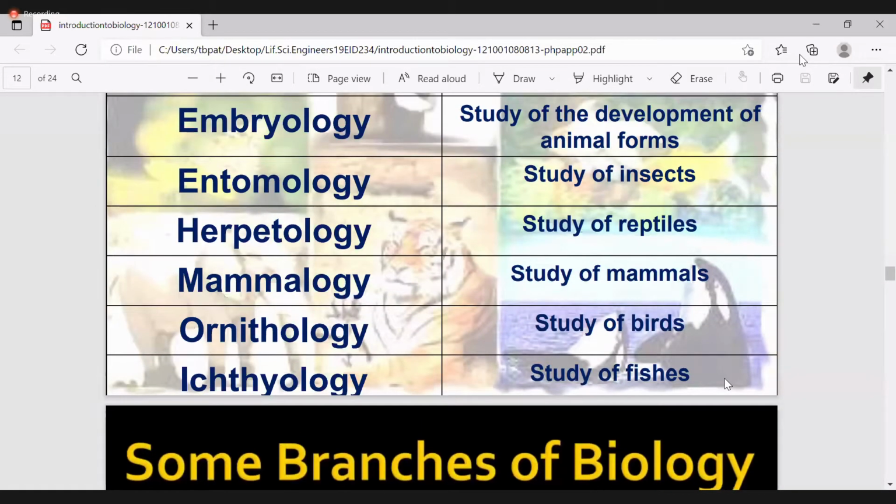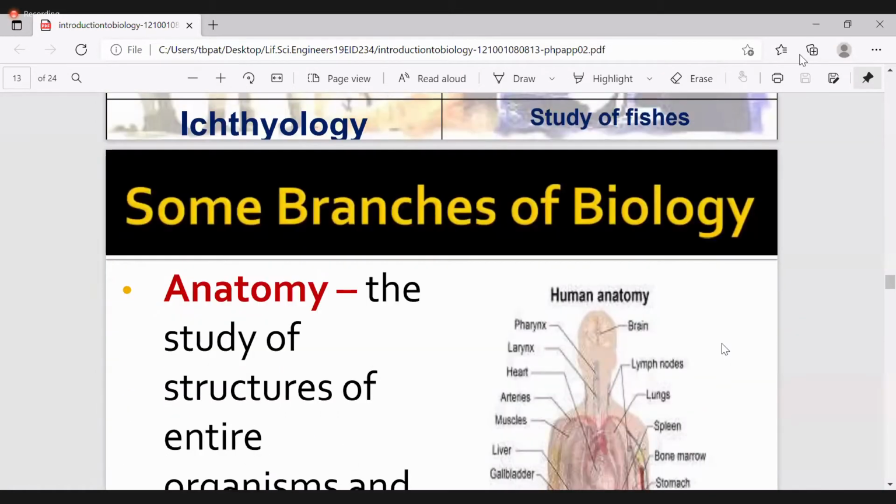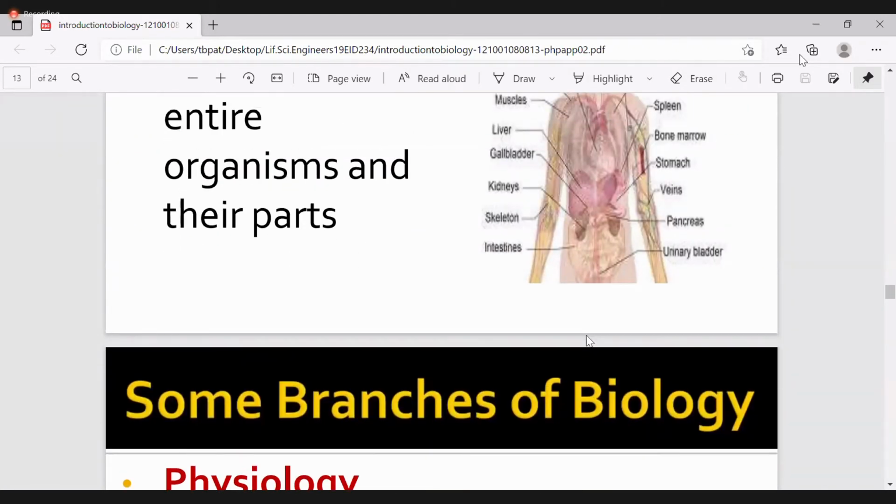Next are some of the branches of biology. Some are studies of botany, some of zoology, and some are other branches of biology. One is anatomy, the study of the structure of entire organisms and their parts.